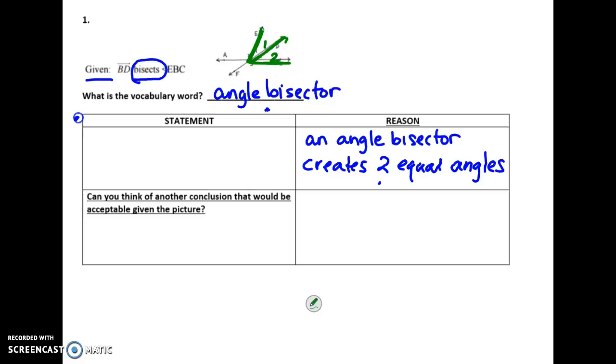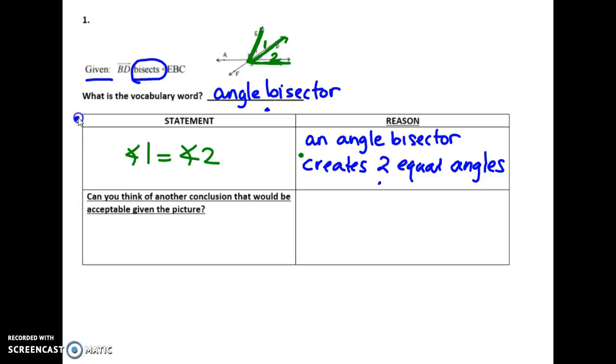So what you can come up with is this statement: angle 1 must have the same measurement as angle 2. That's your statement, and you're basing that statement on the vocabulary word, that an angle bisector creates two equal angles. You have to be able to justify why you're making that statement.